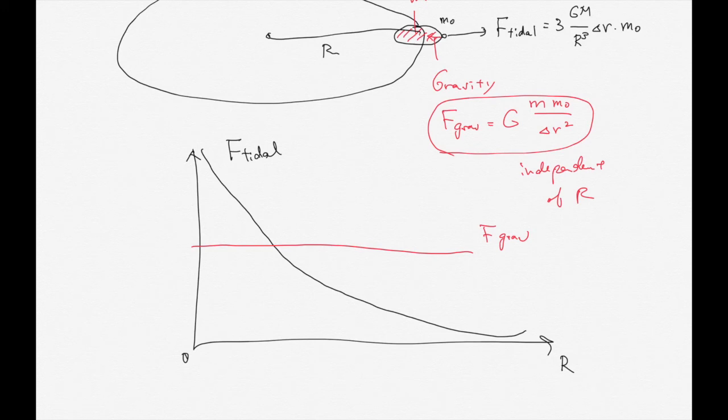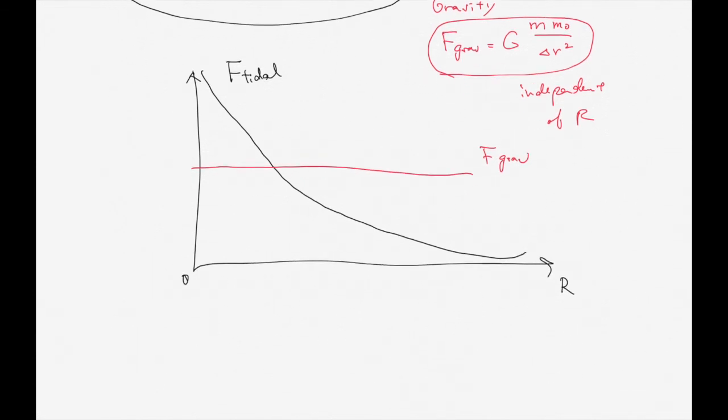Then you might find this is some kind of threshold. In the outer regions, gravitational force is larger than the tidal force. In the inner regions, tidal force is larger than the gravitational force.